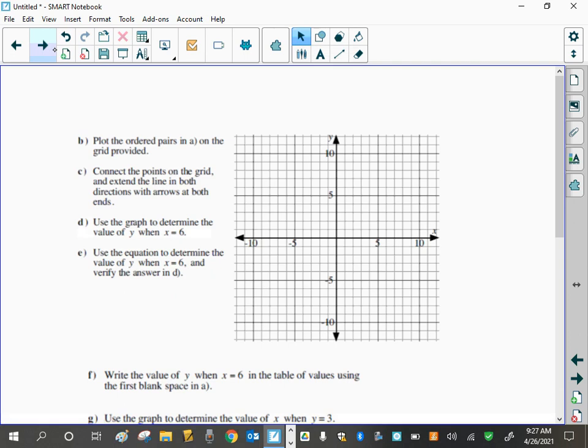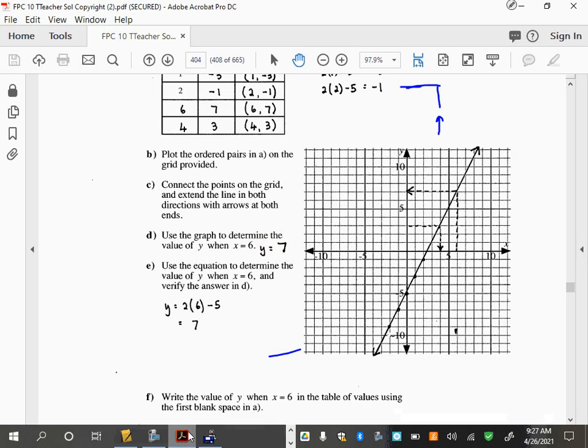Oops. Forgot we did it on the answer key. Like this. Then press zoom 6 because your windows are messed up. Zoom is your top middle button. If you press zoom 6, it goes from negative 10 to 10 on the x-axis and negative 10 to 10 on the y-axis. So it's just a standard graph paper.